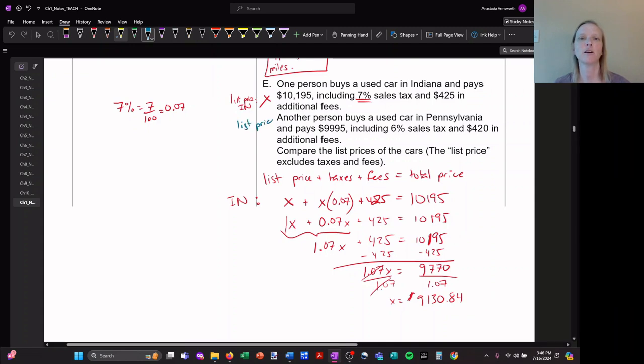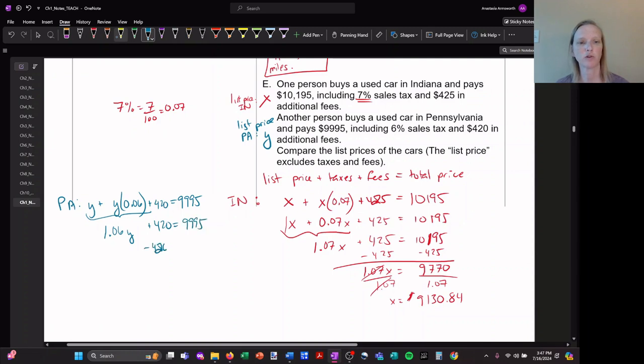The list price for Pennsylvania, let's call that Y, just so that we don't confuse it with Indiana. So my Pennsylvania calculation here, I'm going to have Y plus Y times my sales tax rate, which is 0.06 this time, plus my fees, which are $420, equals $9,995. Simplifying, adding these two like terms together, I'm going to have 1.06 times y plus 420 equals 9,995.